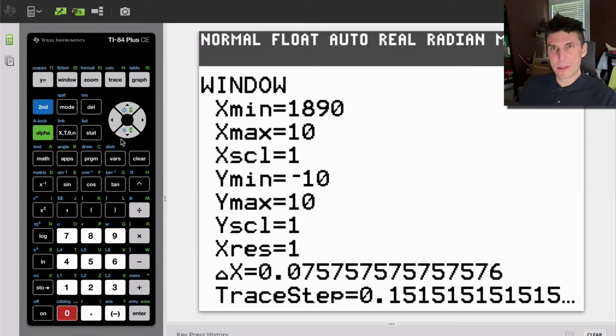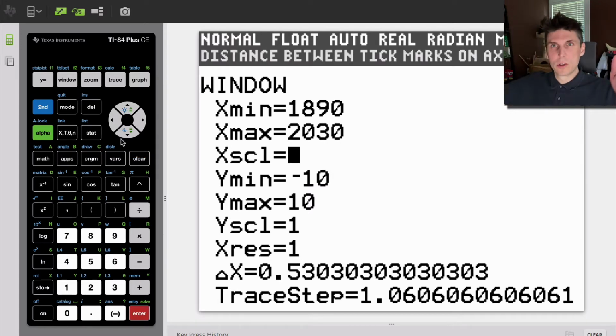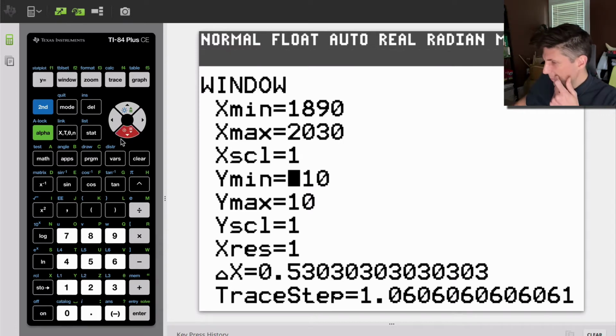Even though they don't have data for that, we'll just buffer our graph a little bit. Let's make the X max 2030. So we're going to look at all of those years from 1890 all the way to 2030.